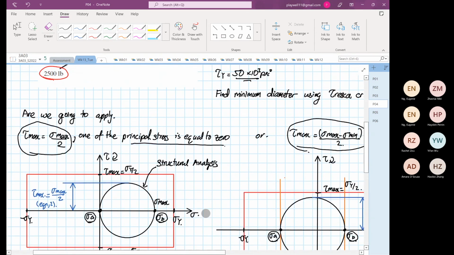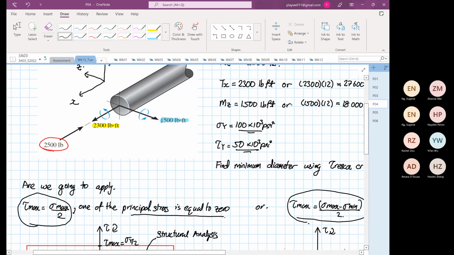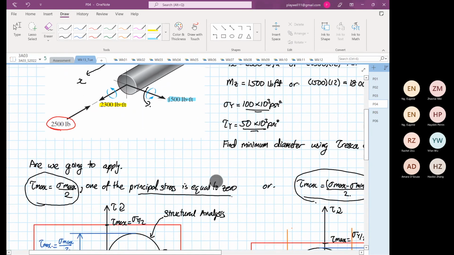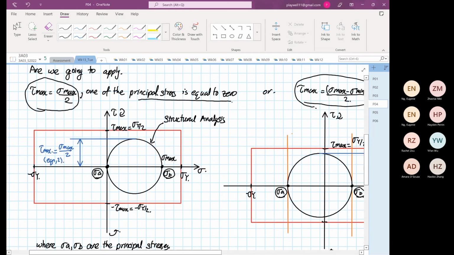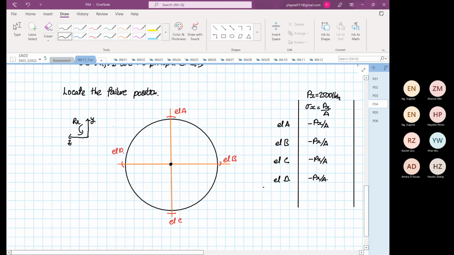Okay, so if you look using the right hand rule, the moment vector is acting in this direction, Mz. So we realize that Mz is in this direction. Okay. So this is compression and this is tensile.